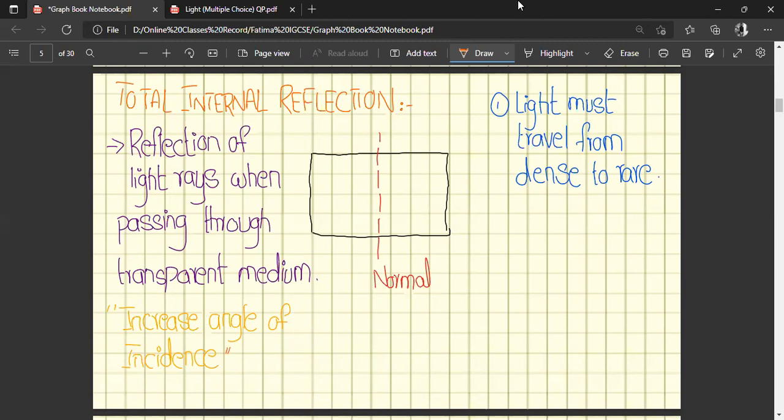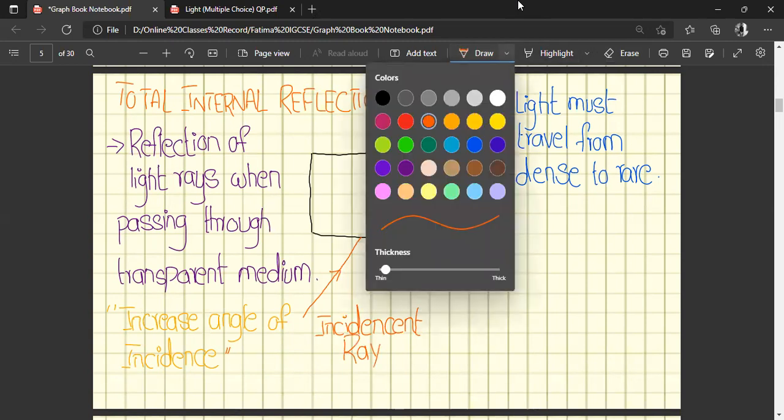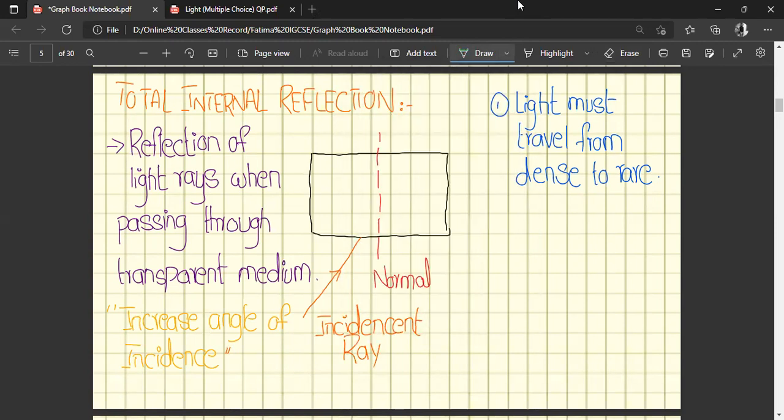Okay, so at a certain point when we increase the angle, it happens like this: this is our incident ray. After increasing the angle, at a certain point, light will bend at 90 degrees like this.